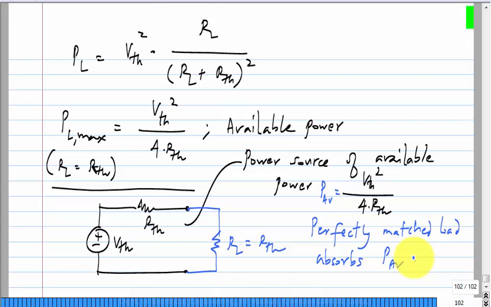Now, if it is not perfectly matched, that is if you do not set RL equals RTH, we know that the power is going to be less, but one way of thinking about it is to imagine that the source is sending the available power this way. The load, because it is not perfectly matched, is reflecting a certain amount of power. So, the total power that goes to the load is whatever you send minus whatever it sends back.